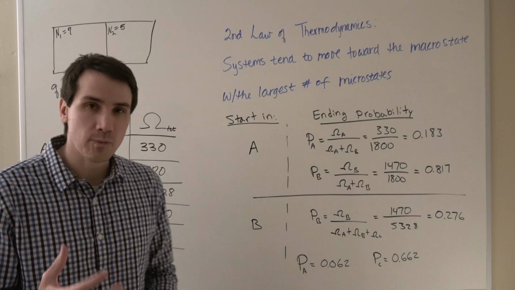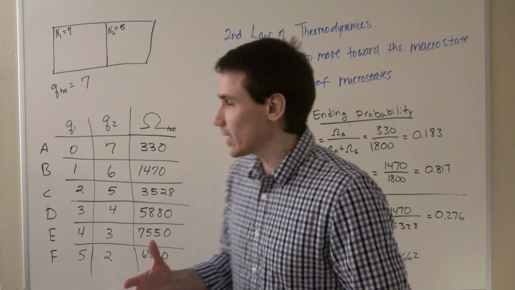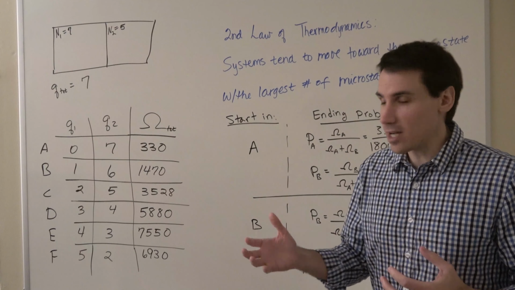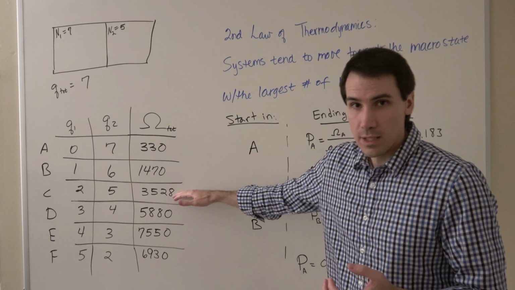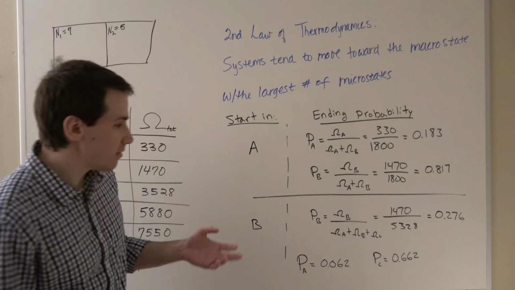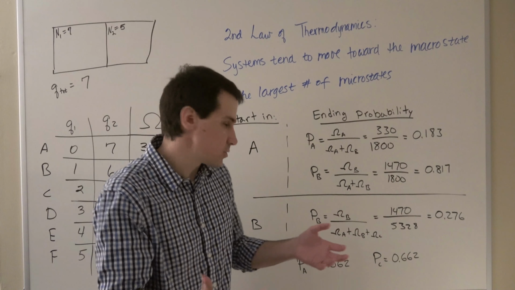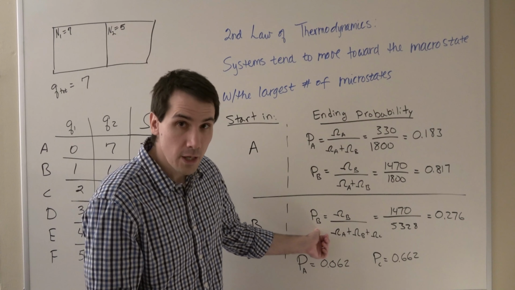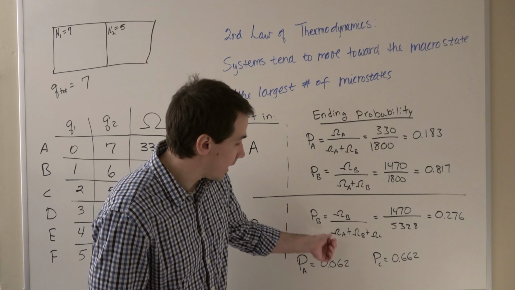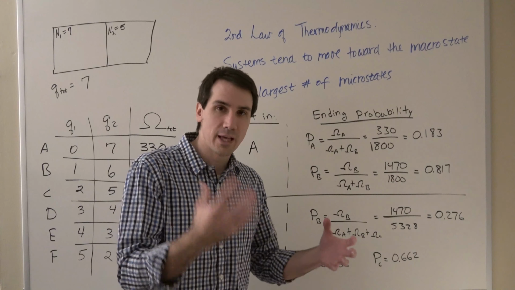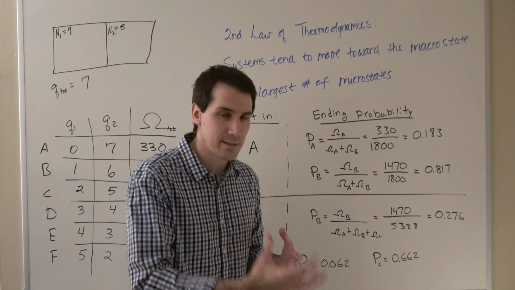Now let's take another step starting in state B. So we can calculate the probability that after starting in state B, we will end up in state A, state B, or state C. To do that, we simply take the number of microstates in whatever we're interested in. So for example, B, we take the number of microstates in state B and divide it by the total number of microstates available to us while taking this step.